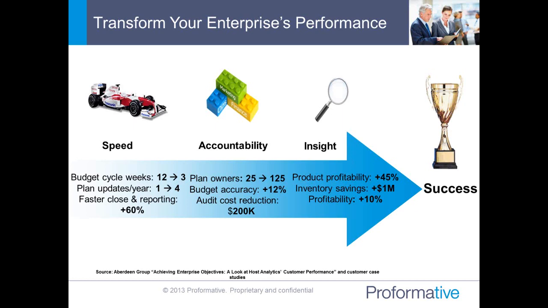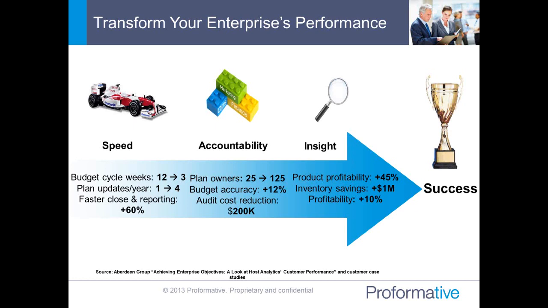With Host Analytics now, they've opened that up to 125 plan owners. And that really drives that accountability down to that level. So those people know what they're planning for, what they're shooting for, and it really can help either control cost or help drive revenue, or both. So there's different aspects of what you might look at in the P&L and the balance sheets, but the plan owners now could take that responsibility.